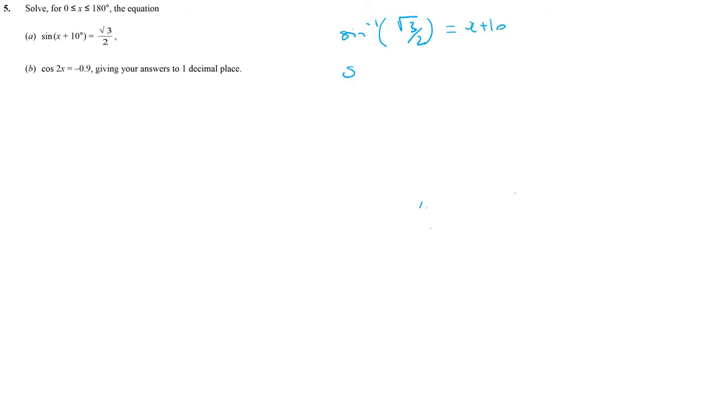If we do x is equal to inverse sine root 3 over 2 minus 10, that should give us the answer. So x is equal to 50. So basically if we do sine 60 degrees, it should be root 3 over 2.